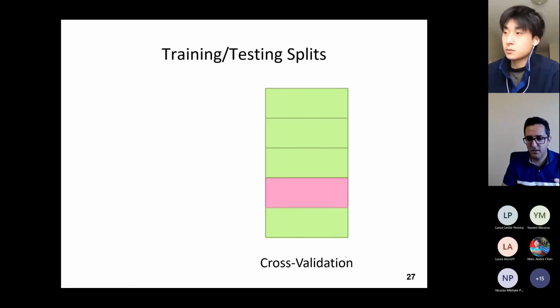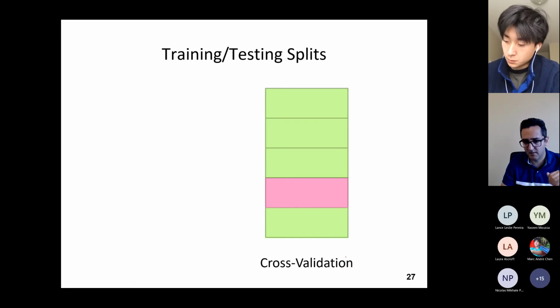And then you can choose another part of the data to be your testing set. So now 1, 2, 3, and 5 are training, and 4 is testing. You can just change what partition of the data is used for testing, and this is called cross-validation.